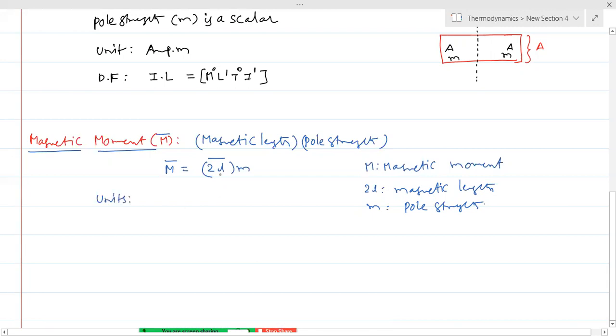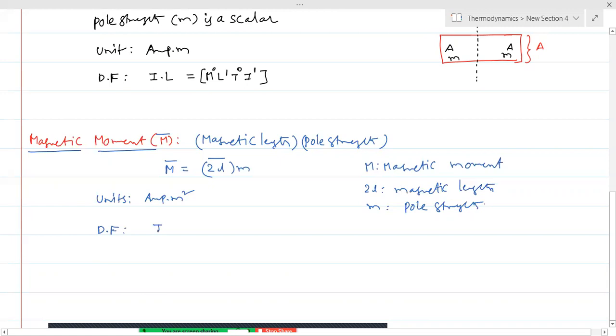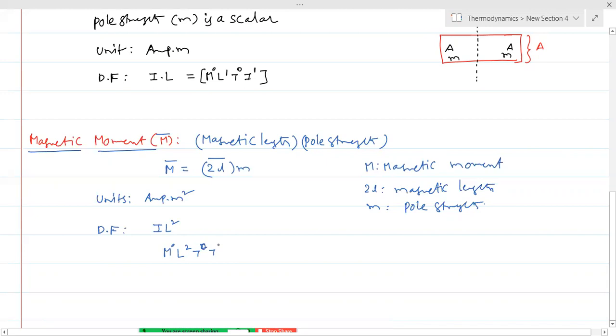For 2L we have meters, and for pole strength we have ampere meter. Therefore the unit is ampere into meter square. For the dimensional formula, ampere is I and meter is L square. So M power 0, L square, T power 0, and I power 1. This will be the dimensional formula of magnetic moment.